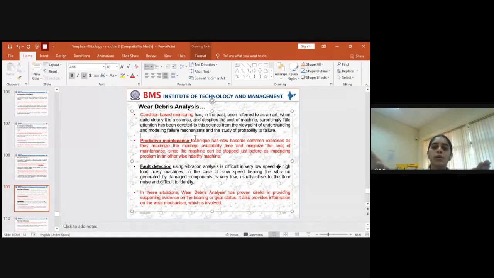What you will do is compare the failure mechanism theoretically with the modeling, and with respect to the actual experiment, how your surface looks after the wear. Then you will map it and you can tell that this particular wear is due to this particular failure mechanism, which has already been established by some researcher. So this is how it could be classified.